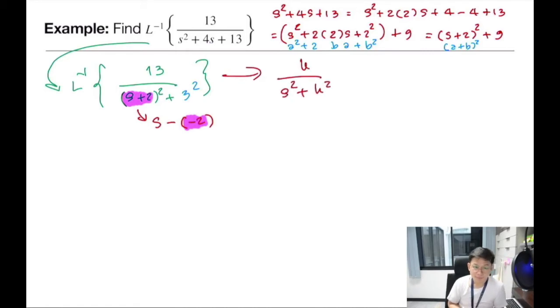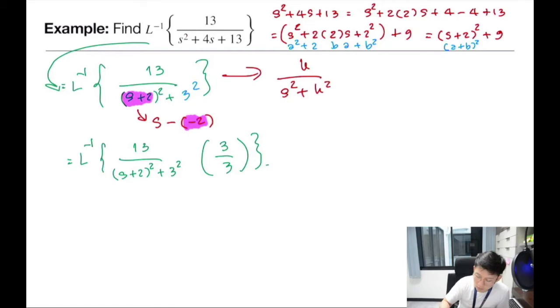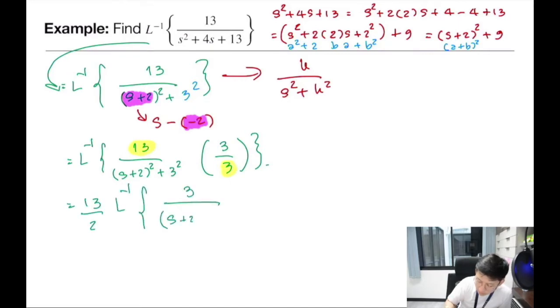So what you need to do is L inverse of 13 divided by s plus 2 squared plus 3 squared, and then I multiply by 3 and divide by 3 here. Then I pull this out, so I get 13 divided by 3, L inverse of 3 divided by s plus 2 squared plus 3 squared.